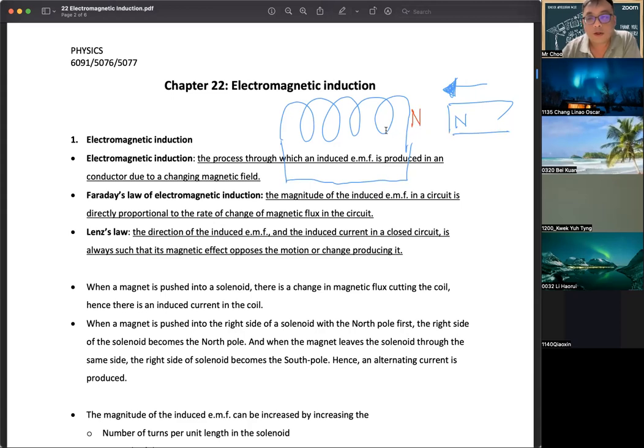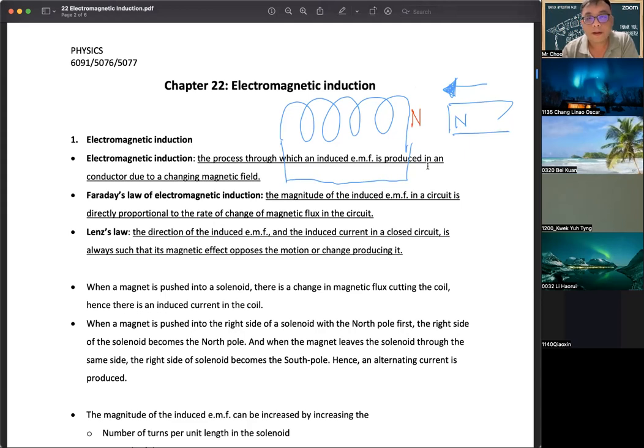Is that clear? So as the magnet with the north pole is going into the solenoid, this part of the solenoid will be north. Then you use your right hand rule, where your right thumb points to the direction of the north, and your fingers will be the direction of the current. You'll be able to know the direction of the induced current.